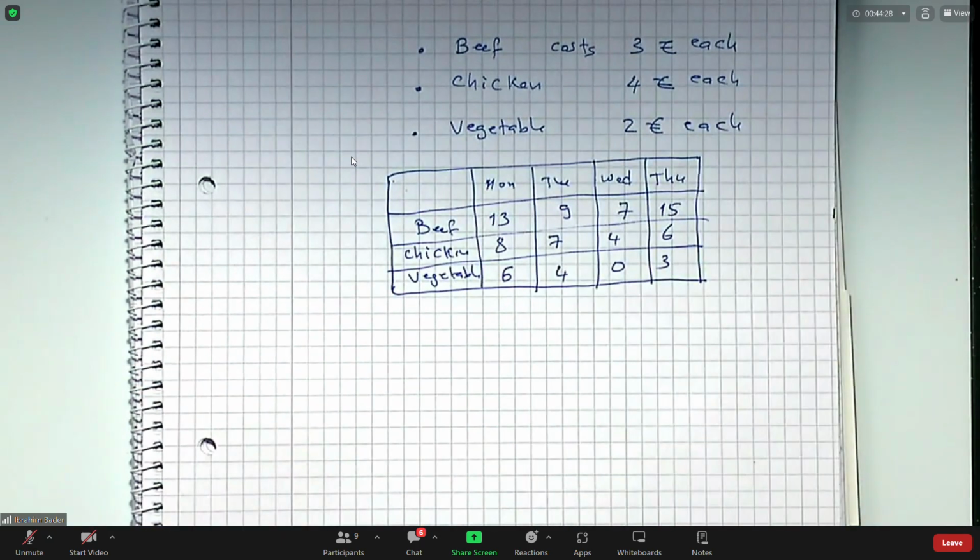If you want to find out the total sales for Monday, what will you do?